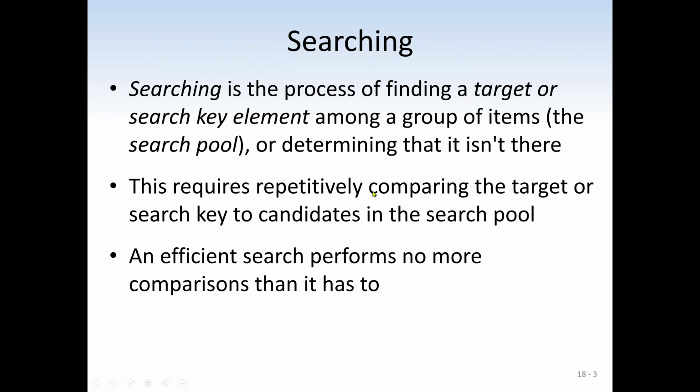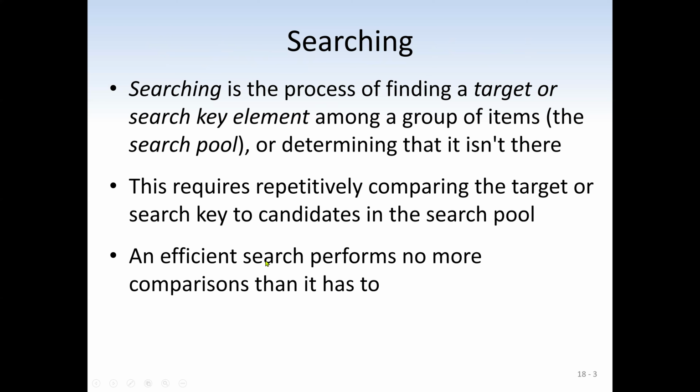So our goal again is to do comparisons. And so this requires continuous comparing the target or the search key to candidates in the search pool. So an efficient search performs no more comparison than it has to.